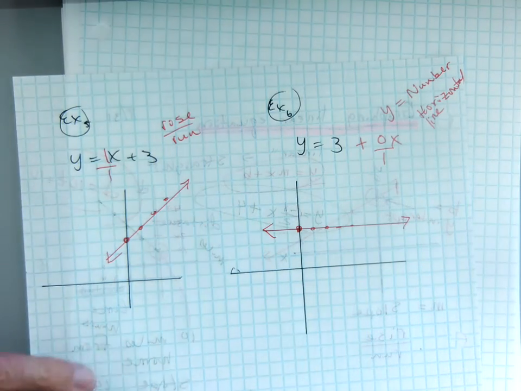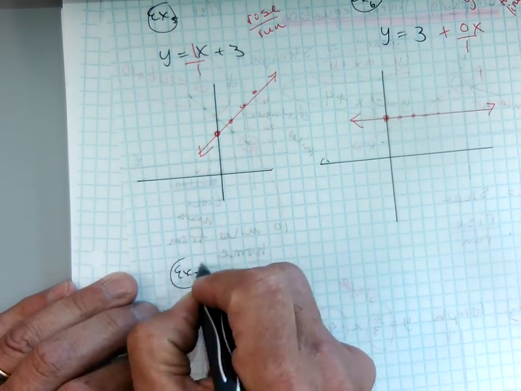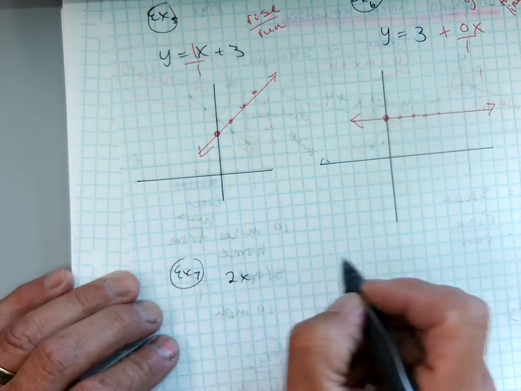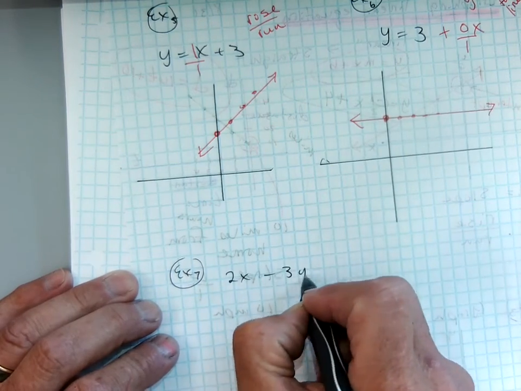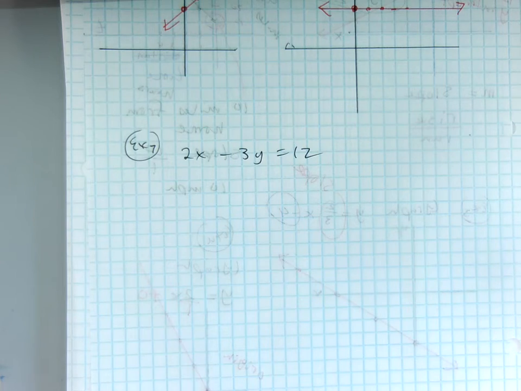Okay, last but not least, last example I want you to do is this one. Example 7. I have 2x minus 3y equals 12, okay? There's two ways to tackle this. One way is to solve for y, so it says y equals.